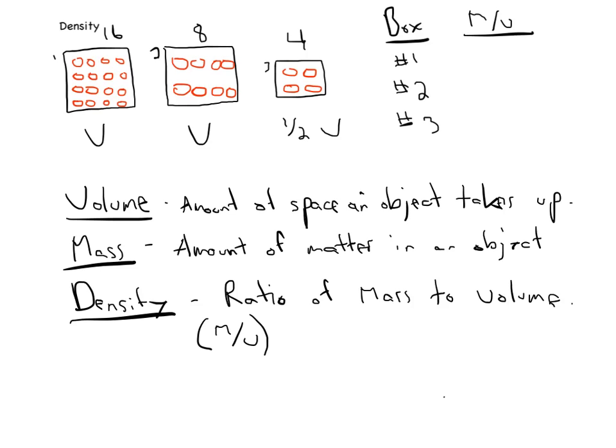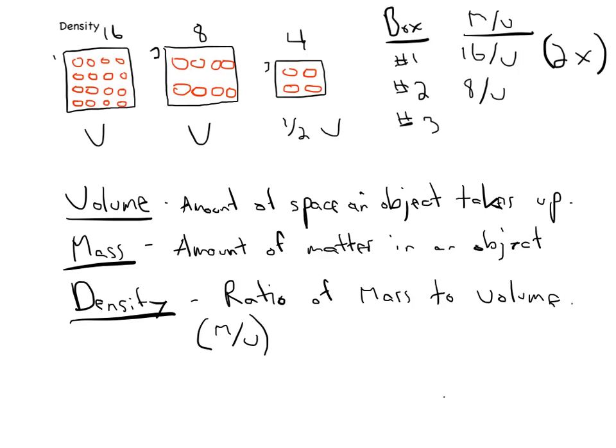And you can see it maybe mathematically if we take the mass, which right now is in particles, 16 particles divided by V, and then 8 divided by V. So these two, you can see that this one has 2 times the density of this one. Right? This one is 2 times the density of the one below it. And the reason is because even though they have the same size, this box has twice as many particles as this box.